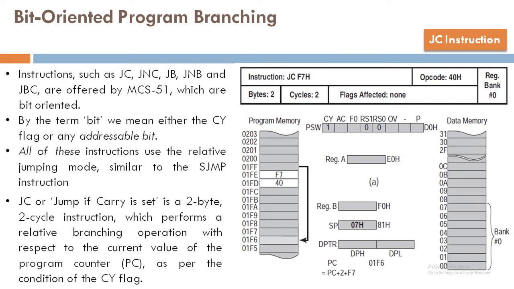By the term bit here we mean that it is related to the carry flag or any addressable bit. All of these instructions use the relative jumping mode, similar to the SJMP instruction that was discussed earlier in our lecture sessions. And in this case we can see that we have an instruction JC 57 hex.